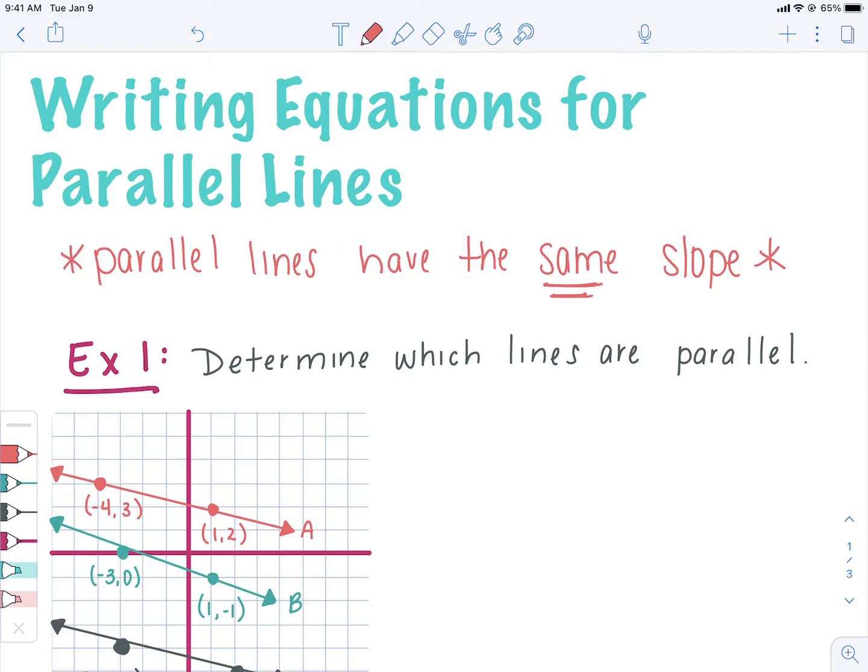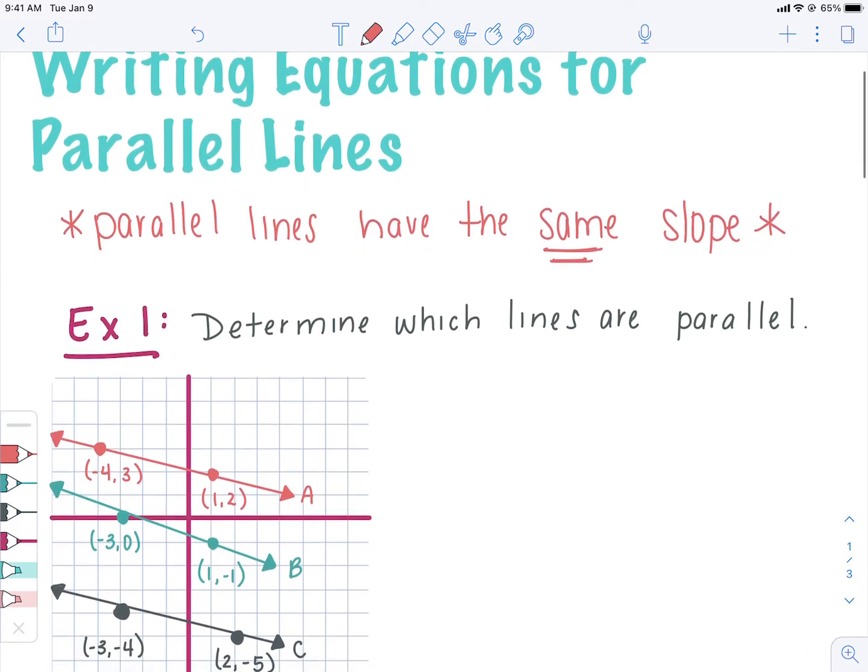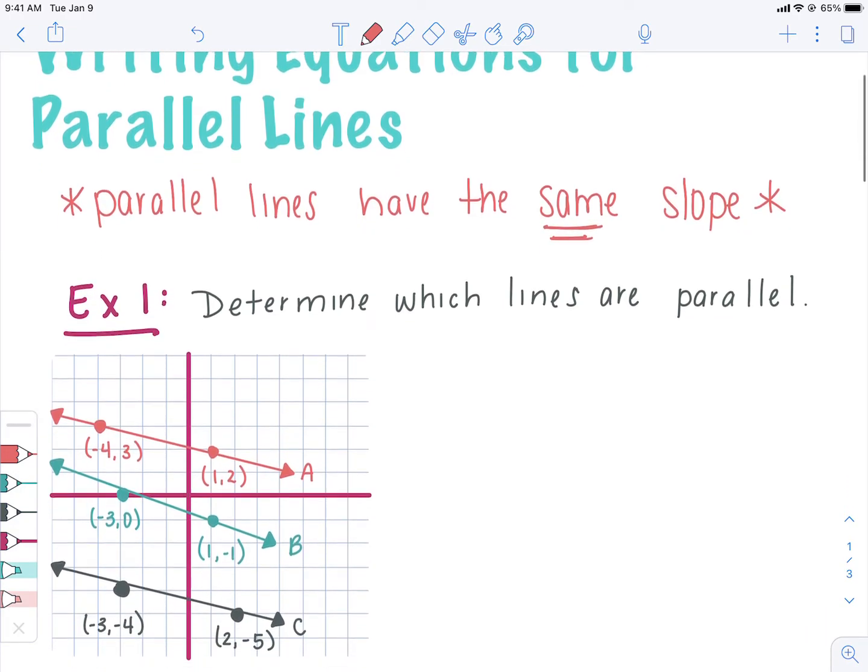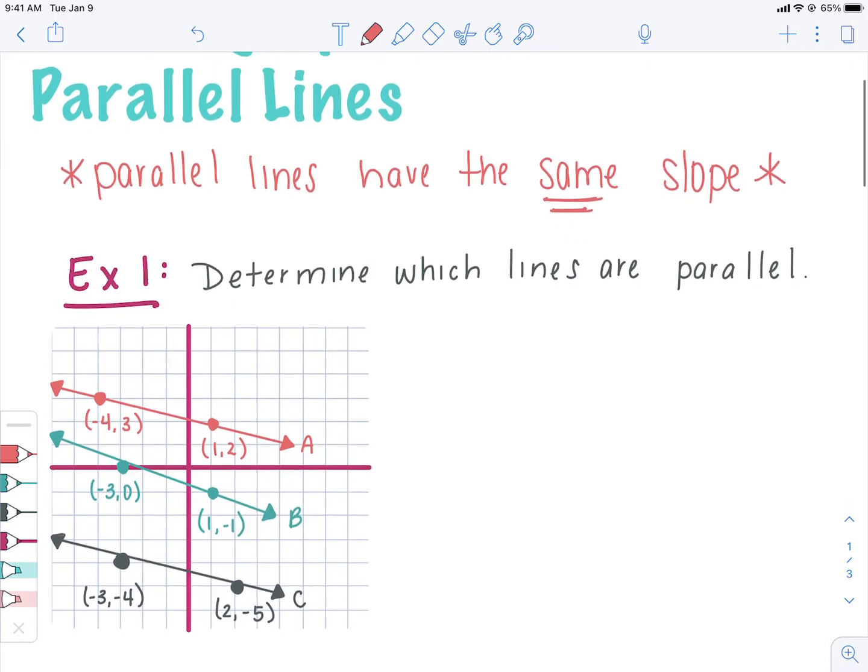So before we write some equations, we're going to look at this example and just decide if the lines are parallel or not. So this is what that last sticky is for, and your three pretty colors of markers. So we have three lines on there.